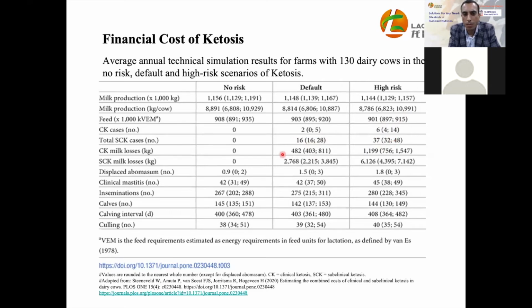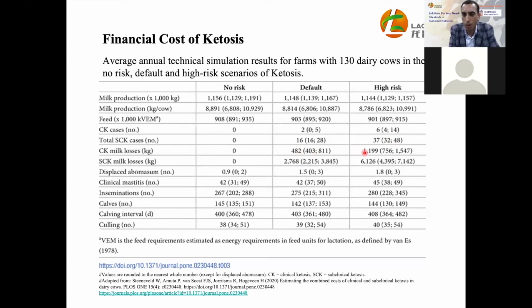At the same time, they calculated the loss of milk production: near half a ton for the default, and for the high risk, more than 1 ton of milk lost.